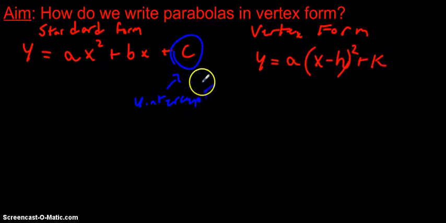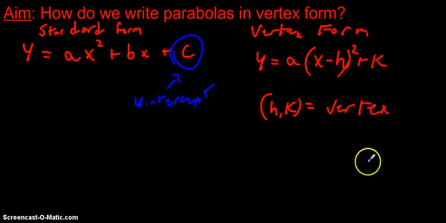So in standard form, the c term is the y-intercept. In vertex form, h comma k is equal to the vertex. You'll notice there's a negative on the h term, which means if this said x minus 3, the actual vertex would actually be located where the x coordinate is 3.